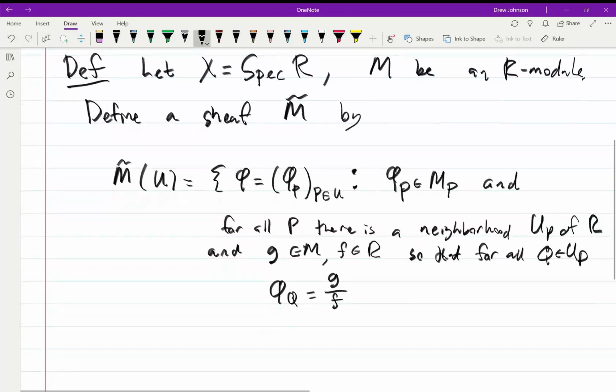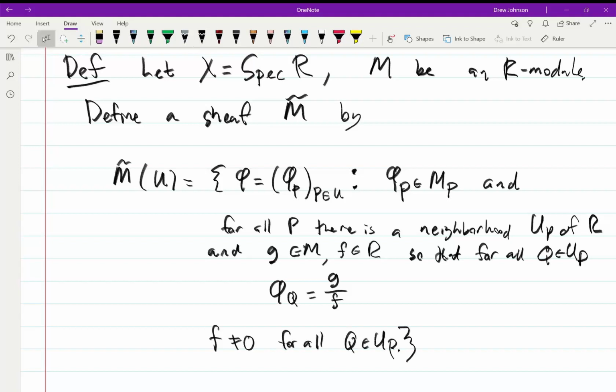And we also need, of course, that f is not equal to 0 for all Q in U_P.